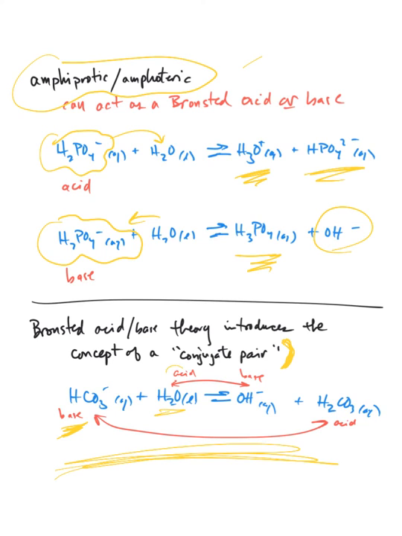So water is acting as an acid, and the base accepted a proton to become H2CO3, which of course is an acid because it has the potential to lose a proton if the reaction were to reverse. So each red arrow shows a conjugate acid-base pair.